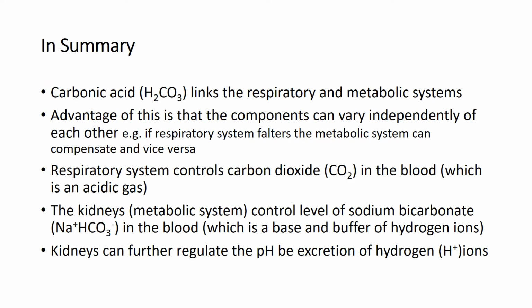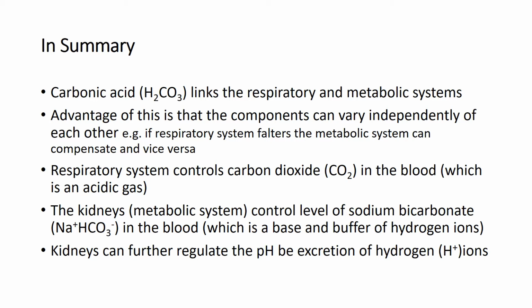So in summary, carbonic acid links both the respiratory and the metabolic system. Metabolic is usually the kidney. The advantage of this is that the components can vary independently of each other. If the respiratory system falters, the metabolic system can compensate, and vice versa.